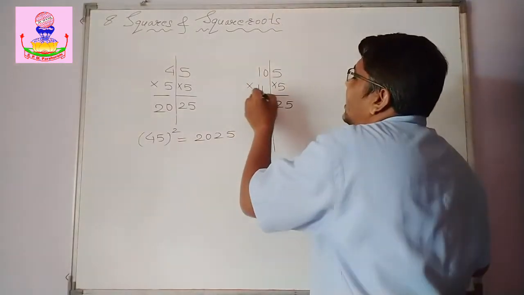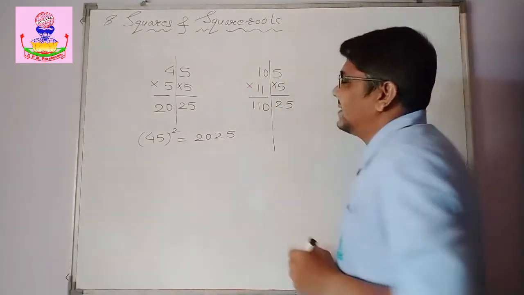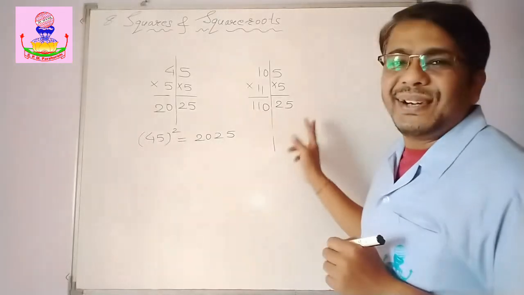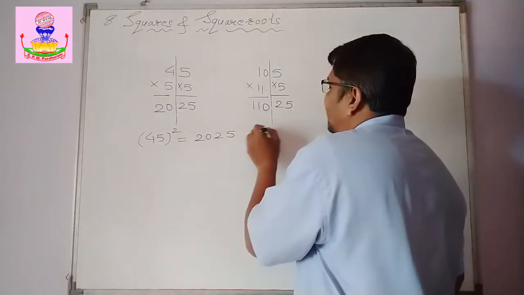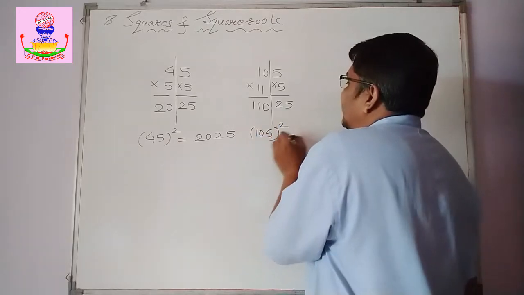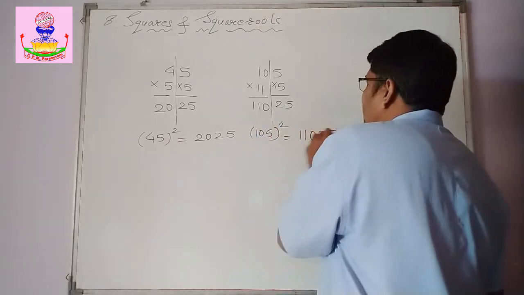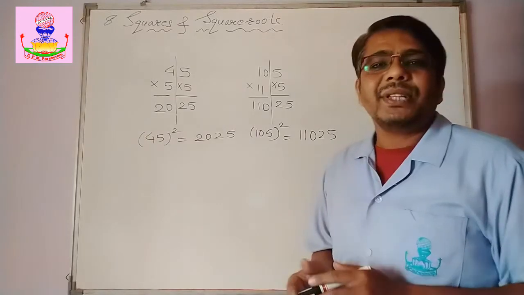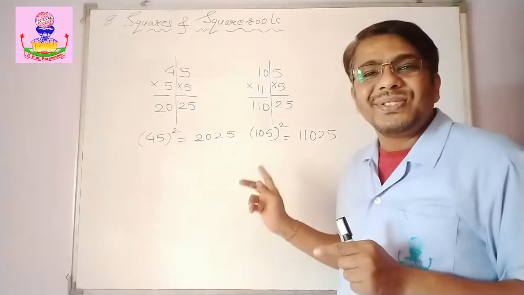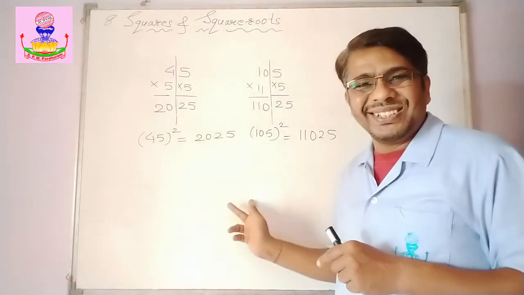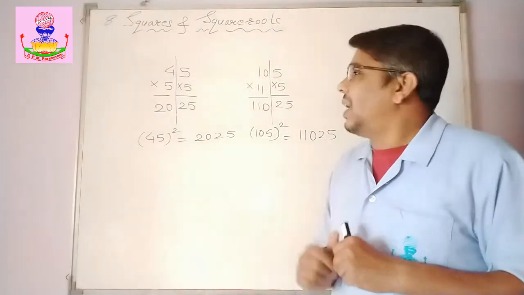So what is that? 11. 11 tens are 110. So the answer is 11,025. So the square of 105 is 11,025. I believe you will solve more examples based on this, and you will enjoy it.